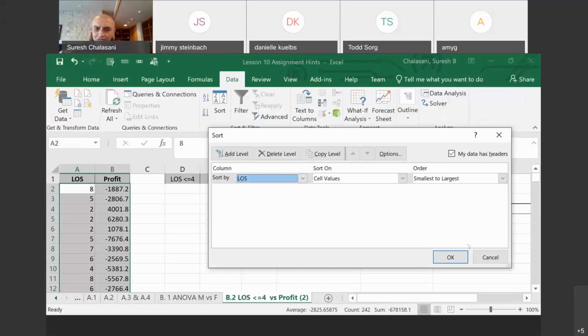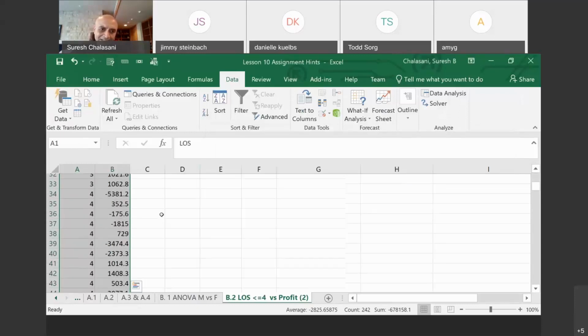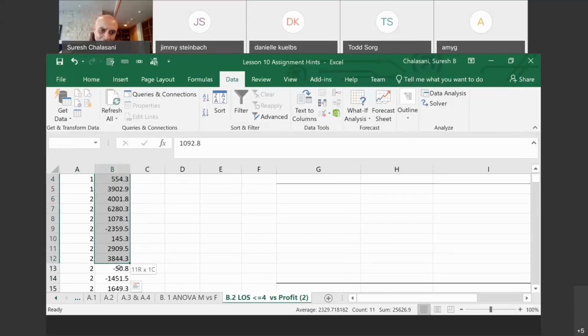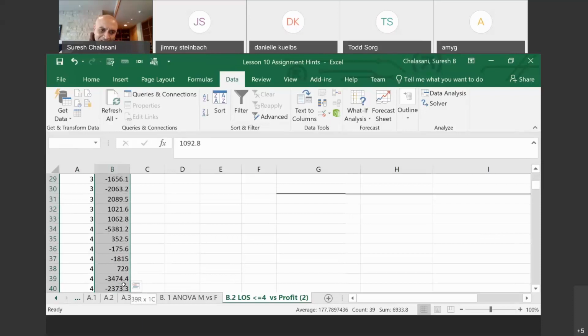If I do sort by LOS, I get this and I click OK. So I don't have a high-tech way of doing this. I'm not trying to do it the high-tech way, using complicated formulas and things like that.